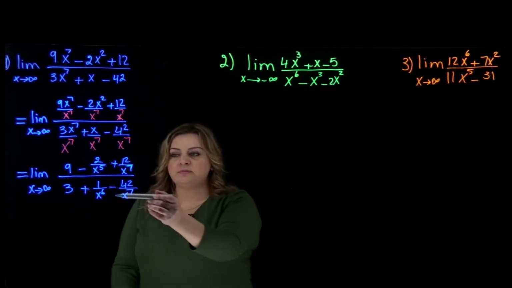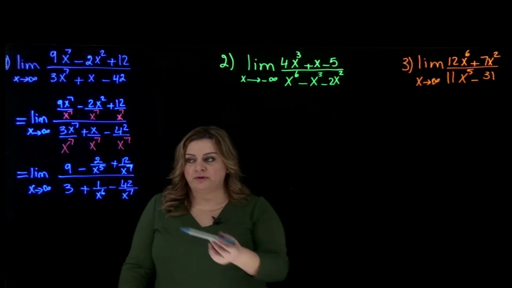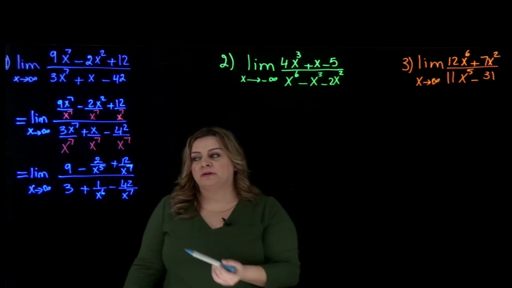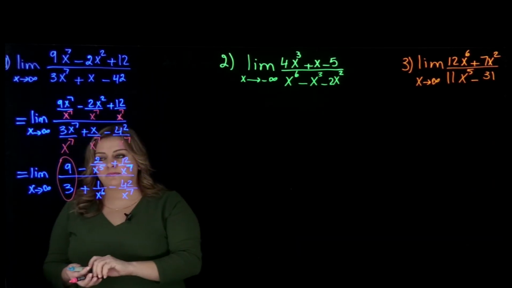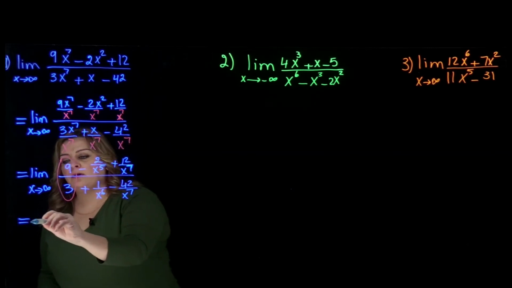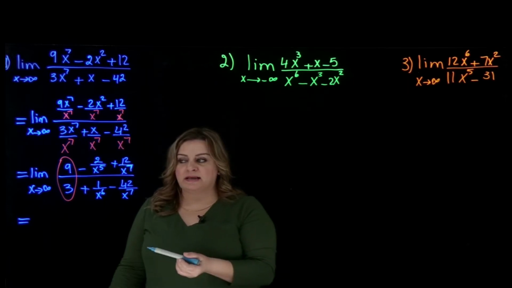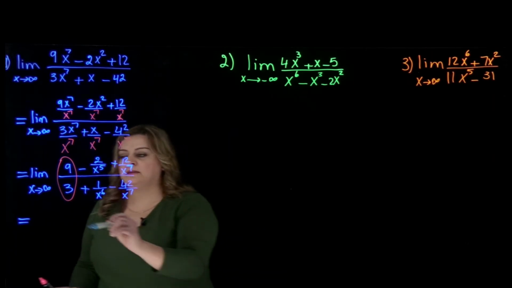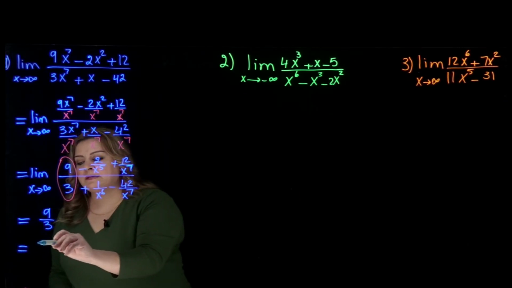So all these terms, as x approaches a very large positive number, will approach 0. And we are left with 9 over 3. So the limit of our function as x approaches infinity is 9 over 3, and this simplifies to 3.